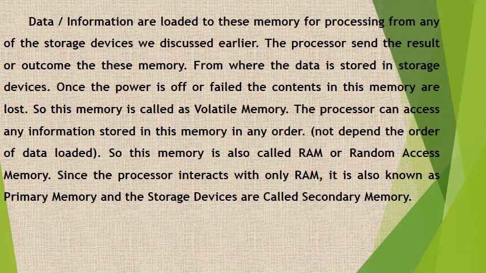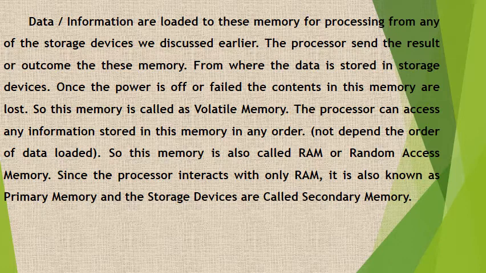Data or information is loaded to this memory for processing from any of the storage devices we discussed earlier. The processor sends the result or outcome to this memory, from where the data is stored in the storage devices. Once the power is off or failed, the contents in this memory are lost.